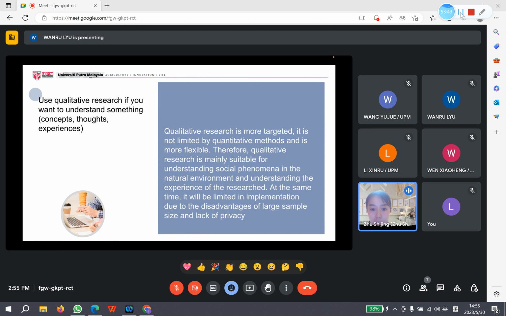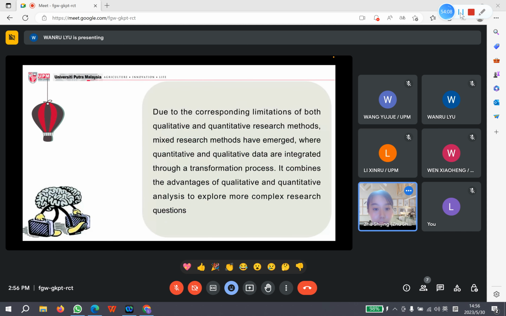Therefore, qualitative research is mainly suitable for understanding social phenomena in natural environments and understanding the experience of the participants. At the same time, it will be limited in implementation due to the disadvantage of large sample size and the lack of representativeness. Next.